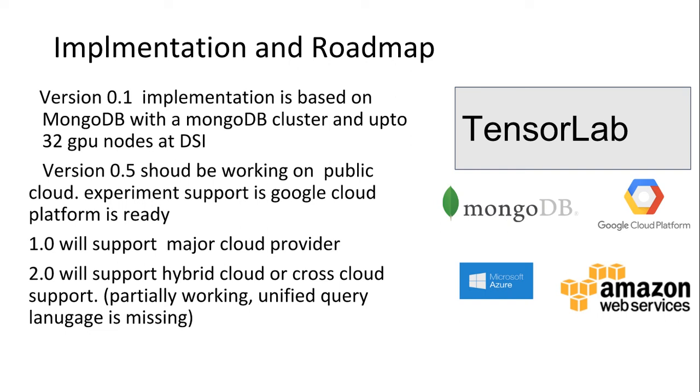In the 1.0 release, we will support all the major cloud providers. And in the 2.0 version, we will support hybrid and even cross-cloud support. This means that you can put part of your data locally and part of your data on the cloud, and maybe on different cloud providers.